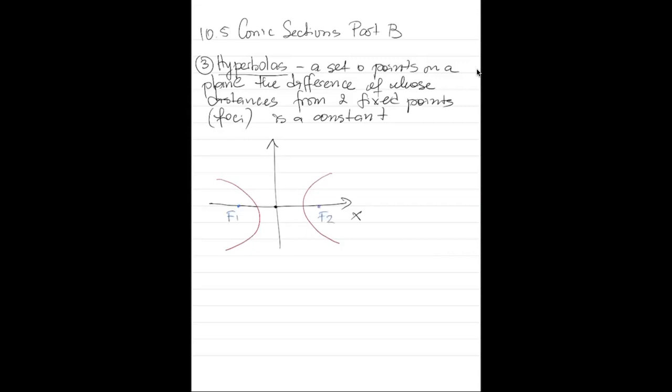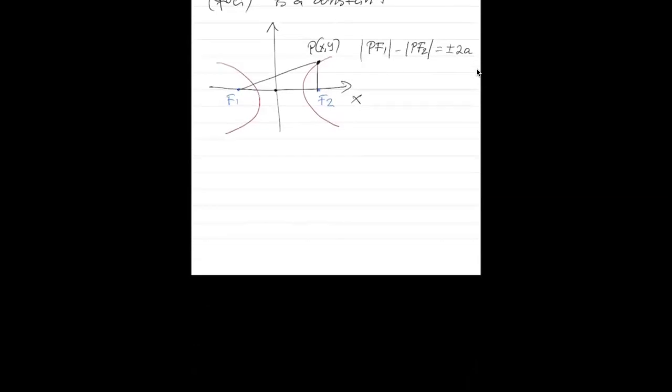Any point on the hyperbola, let's call this P with coordinates x, y, has distance to these two foci. So the difference between those two distances, PF1 minus PF2, is equal to a constant, positive or negative. We'll call it plus minus a.